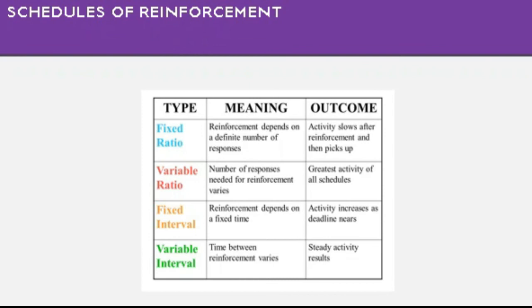So a variable ratio schedule means that the reinforcer is delivered after an average number of correct responses has occurred. Okay? And it is similar to fixed ratio, except the number of responses needed to receive the reinforcement changes after each reinforcer is presented.